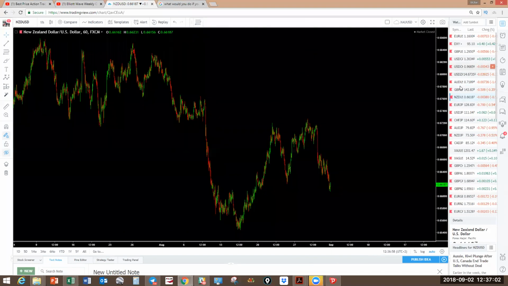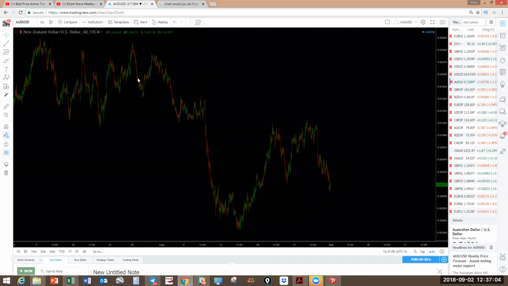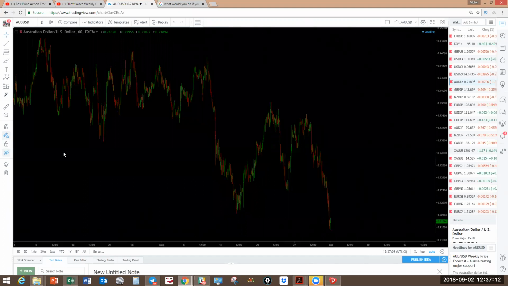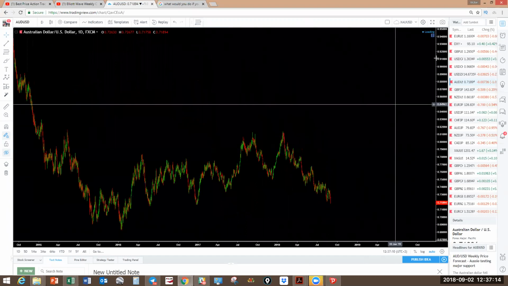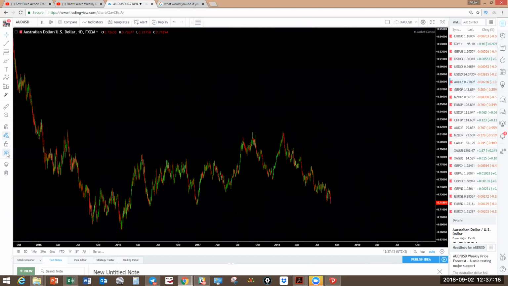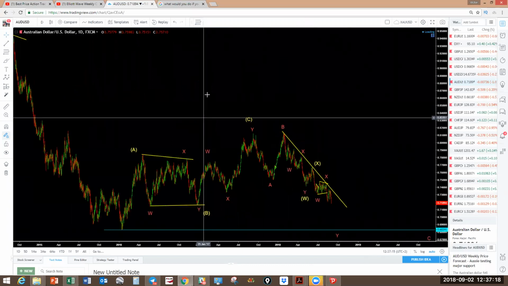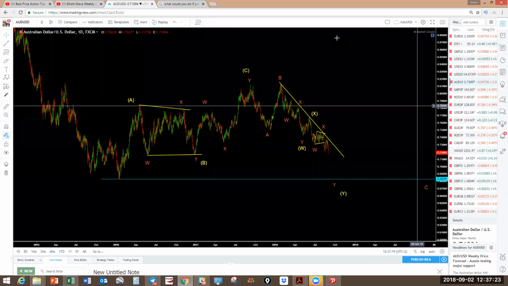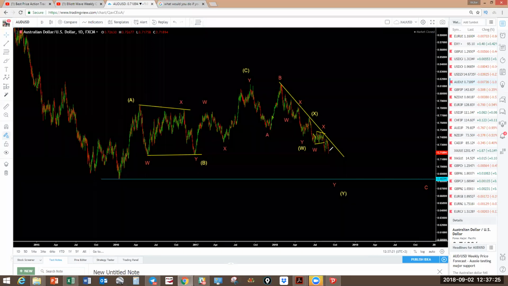Let me just go back to Audi and show you the labeling there. All right, so let's just have a look on the daily, so you can look at where that comes from. That is Audi and the labeling. So it is following structure to the T, and we're looking for it to come down to this level.